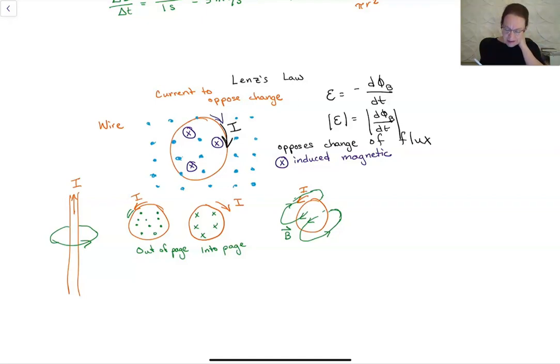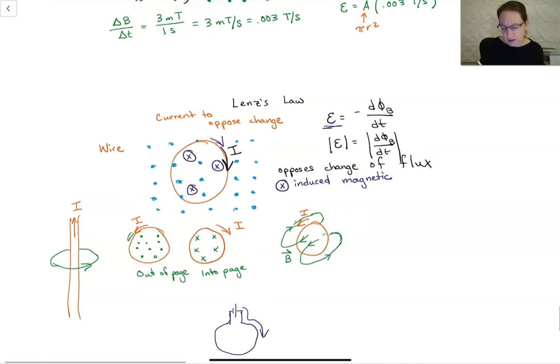Okay? It's like it was set up, I mean, there's not a battery here, but it's like it was set up with a battery like that, right? Because that's what gives me a current like that. So you can think of that as my induced voltage, but it's easier to think of it in terms of the current that gets set up to give you a magnetic field to oppose the change.